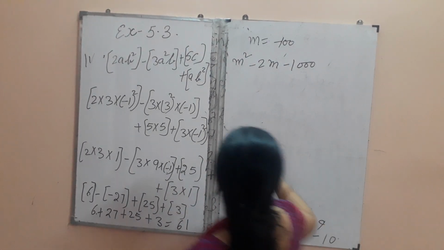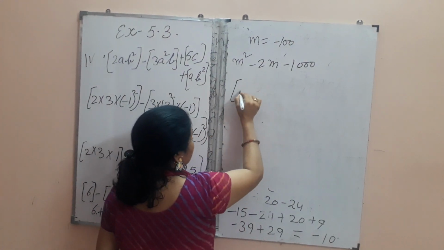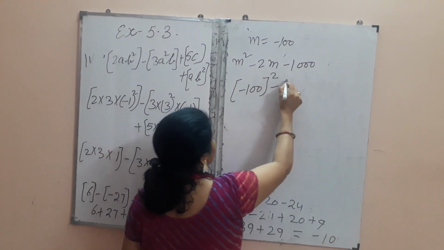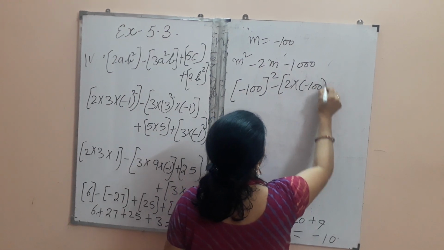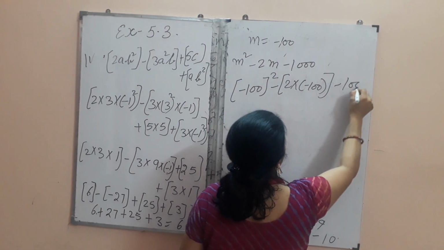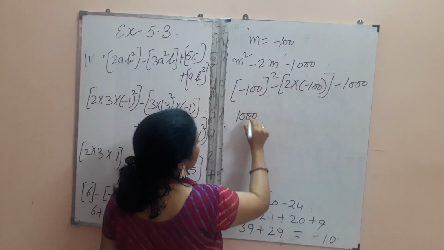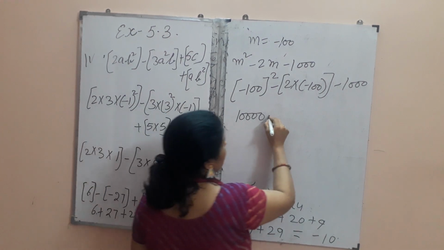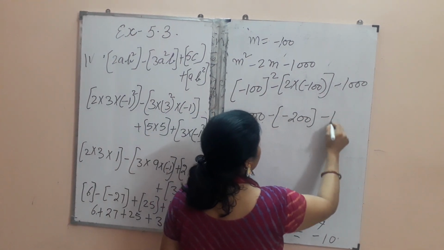So we will put the value of M in this. Minus 100 square minus 2 into minus 100 minus 1000. So minus 100 square means 10,000, minus 2 into minus 100 plus 200, minus 1000.